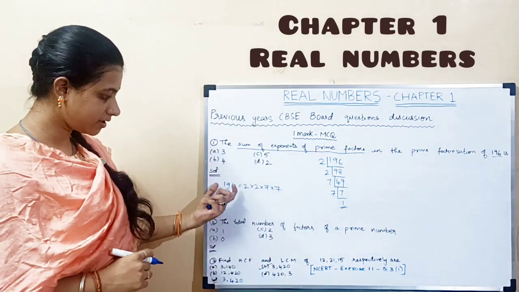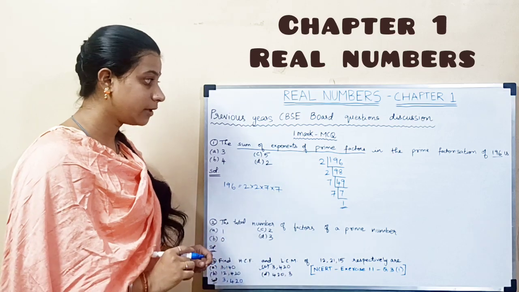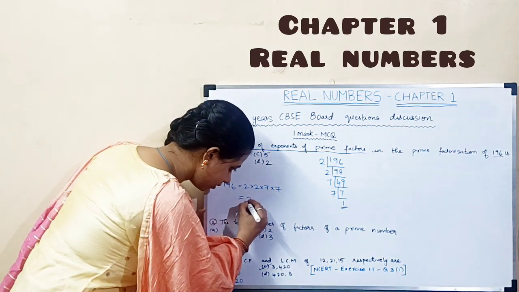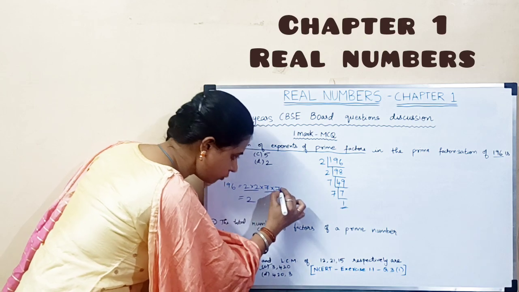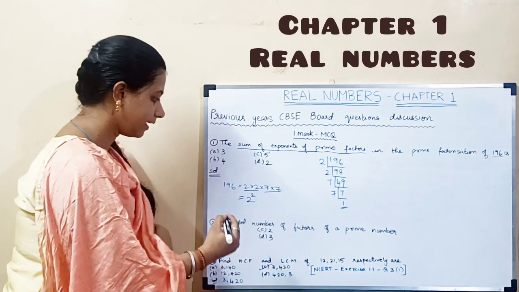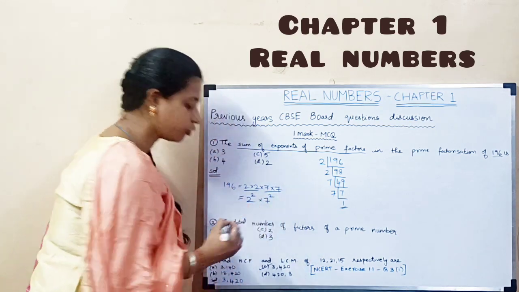Here we have expressed 196 as a product of primes, but we want the exponential form. There are two 2's and two 7's, so we write 2 power 2 into 7 power 2.